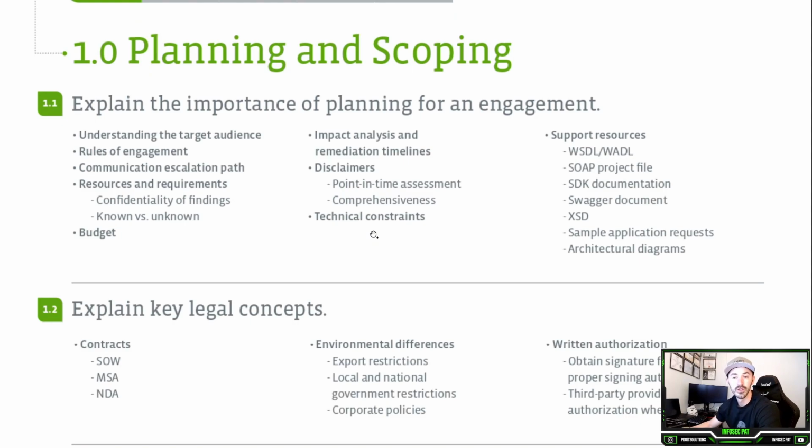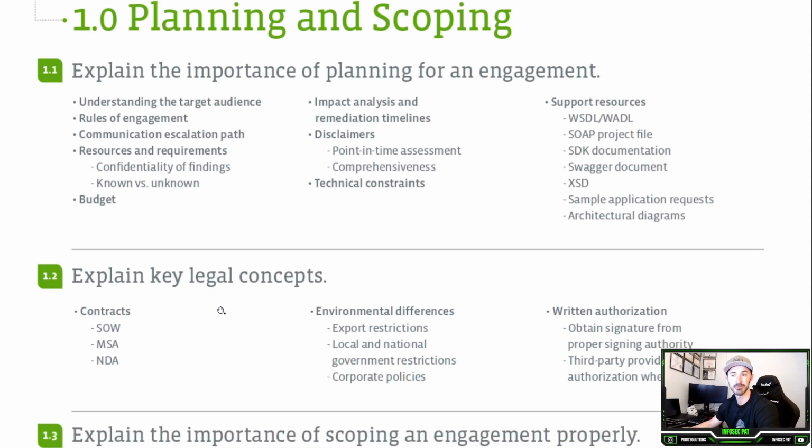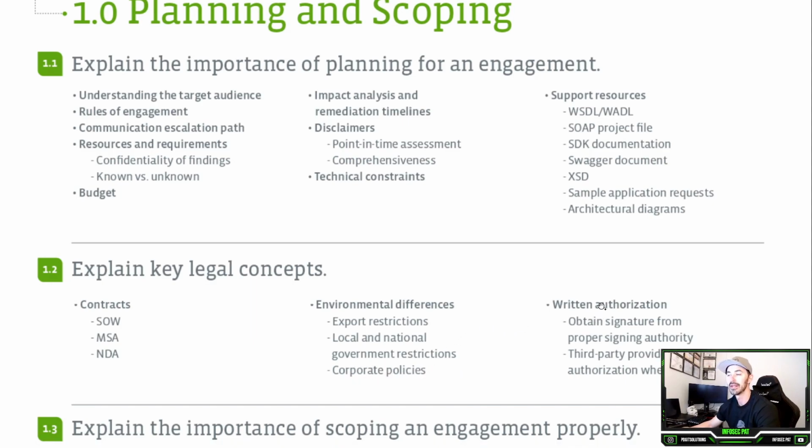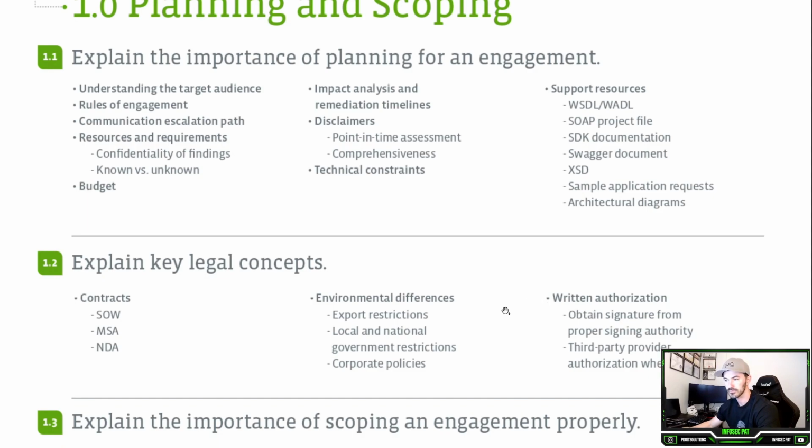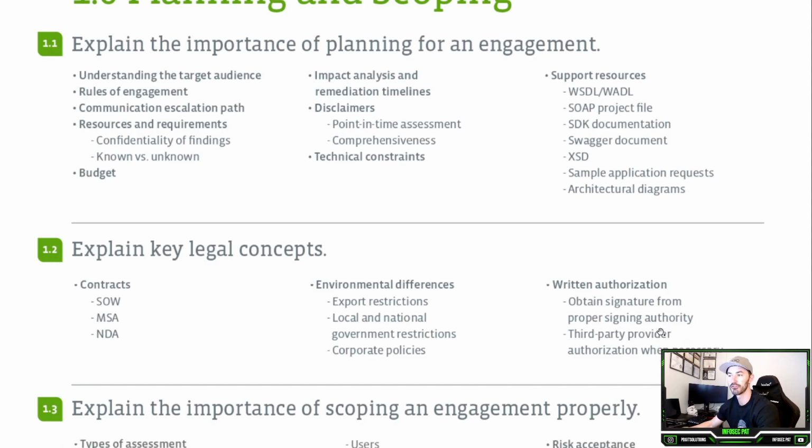Domain 1.2 is explain key legal concepts. That's super critical: SOWs (statement of work), your NDA, environmental differences, local, national, and government restrictions, corporate policies, and written authorization. Obtain signatures from the proper party.